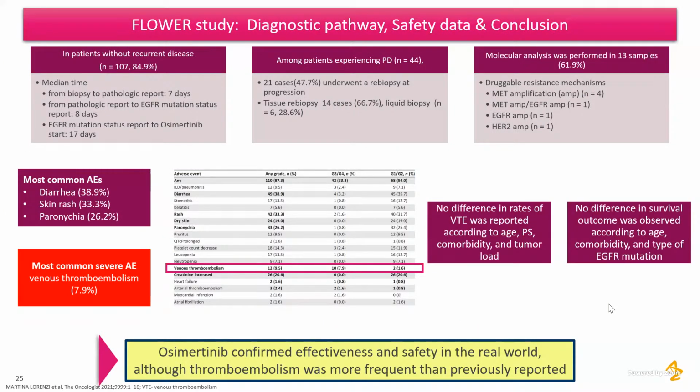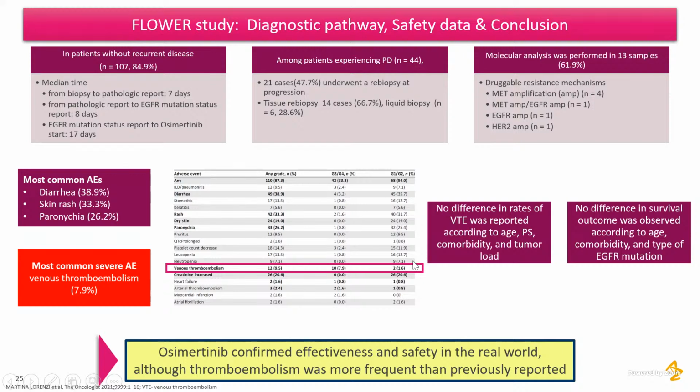So the diagnostic pathway, safety data and conclusion. If you see here, in patients without recurrent disease, median time from biopsy to pathological report 7 days, from pathologic report to EGFR mutation status report 8 days, from EGFR mutation status report to osimertinib start 17 days. Most common adverse events: diarrhea, skin rash, paronychia. Most common severe adverse event: venous thromboembolism, 7.9%.